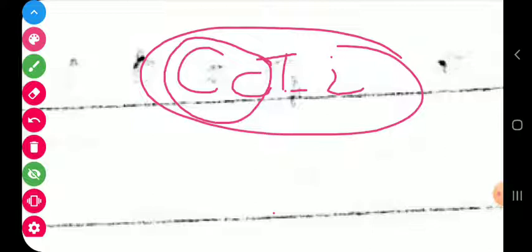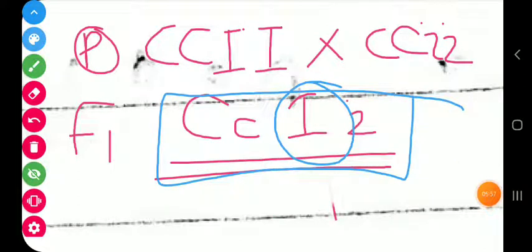I can't take time to discuss the whole thing, showing crosses and everything, but I'll just give a rough outlook again. So what's the understanding behind this? In the F1 generation, what we have got is capital C, small c, capital I, small i.